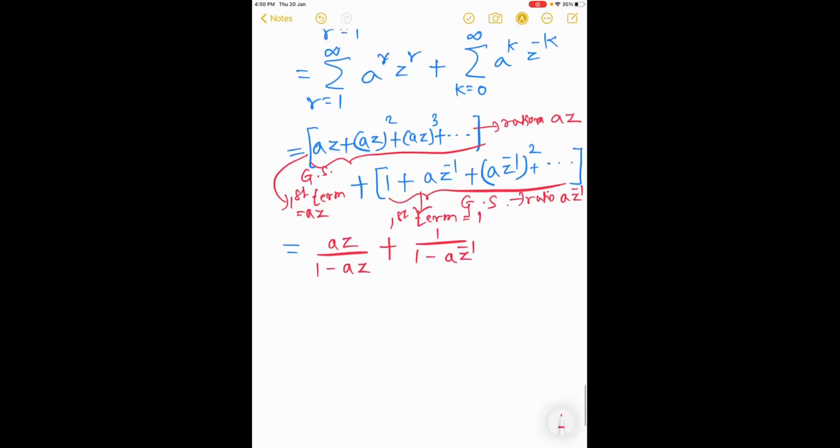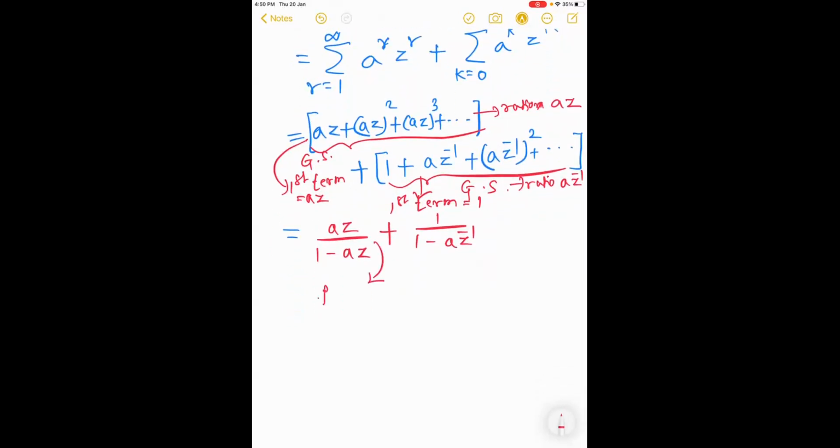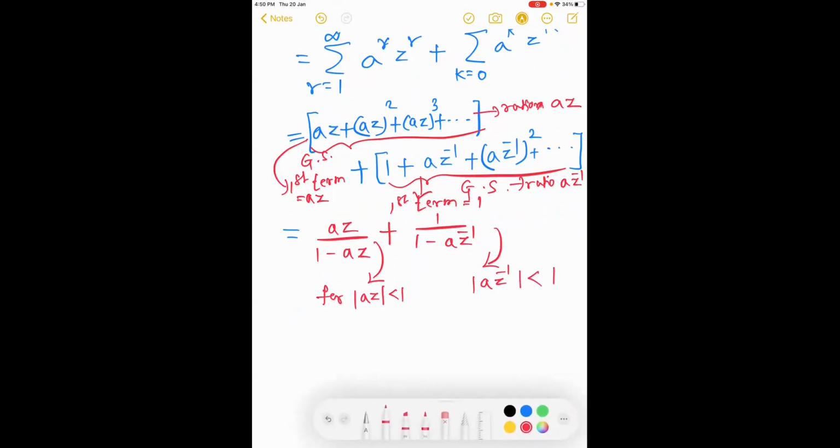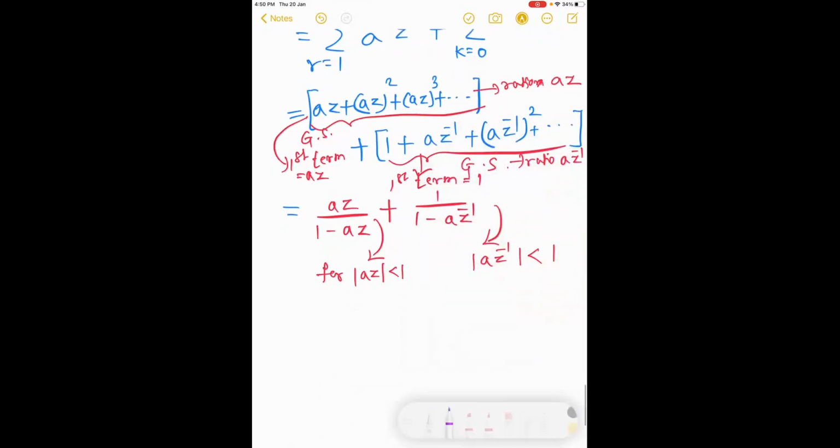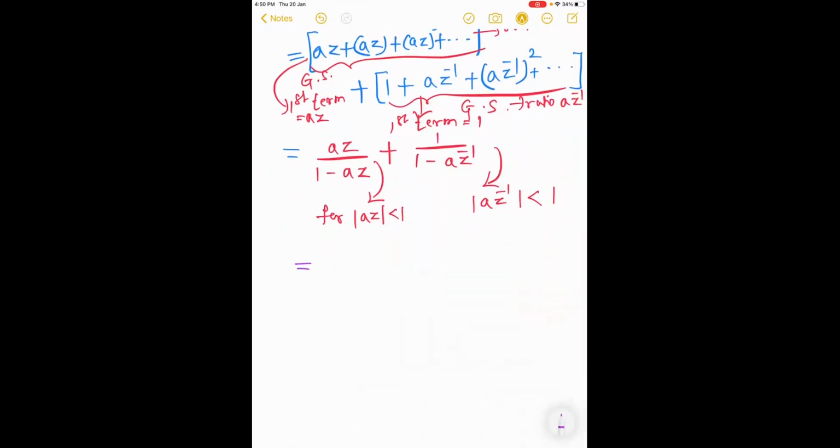Correct? In the first term, the region of convergence is modulus of az less than 1. In the second term, mod of az raised to minus 1 is less than 1. Together, we can write down the answer as az upon 1 minus az for mod of az less than 1.